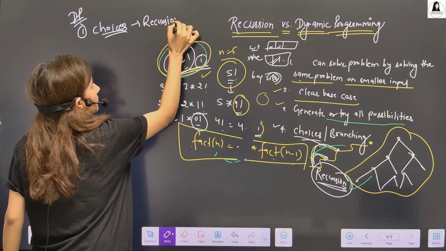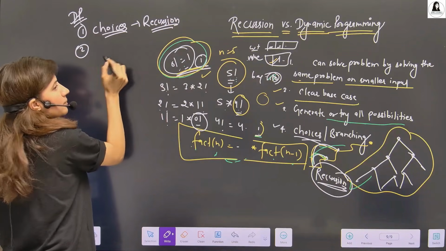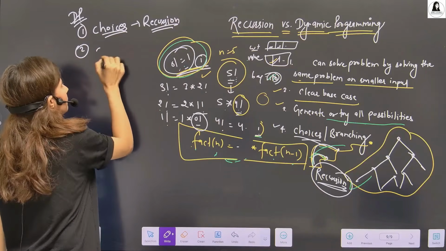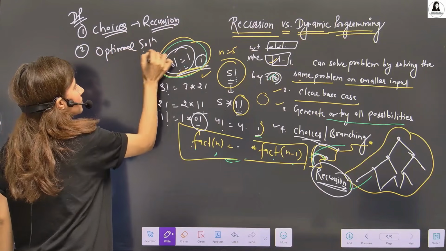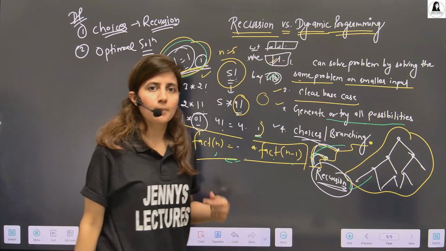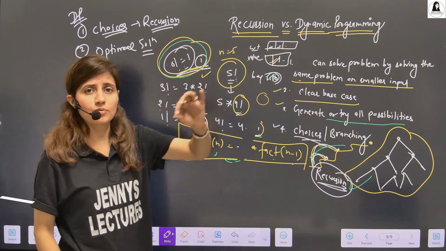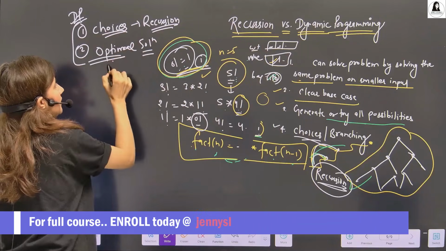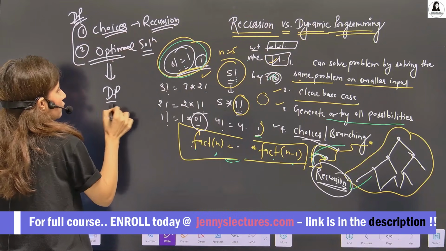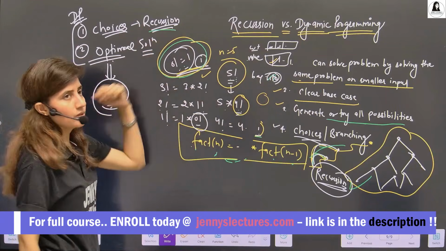Then in the same question you will be asked for some maximization or optimization, some optimal solution: minimum cost, maximum profit, like that. These two lead to a DP problem, meaning you can solve it with dynamic programming. If only choices are given, then it's recursion.